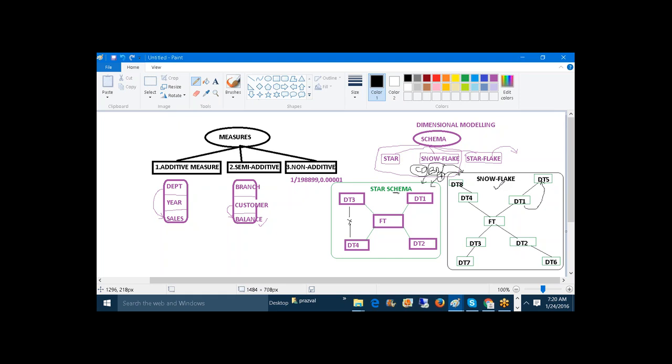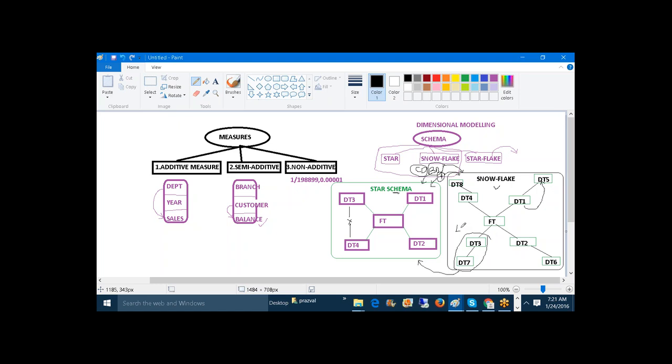If you say that you are using snowflake schema, the next question would be, is it possible to convert snowflake to star or not? Yes, the answer is yes. It is possible to convert snowflake to star. How?